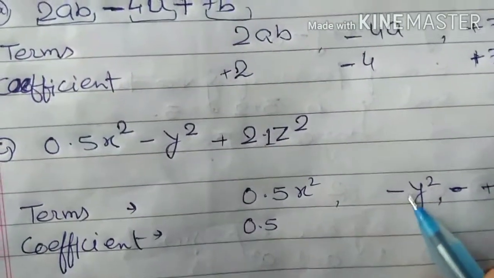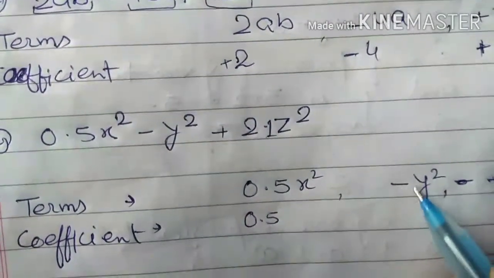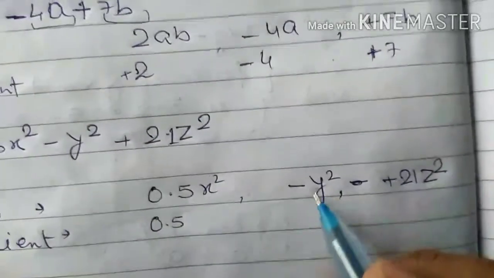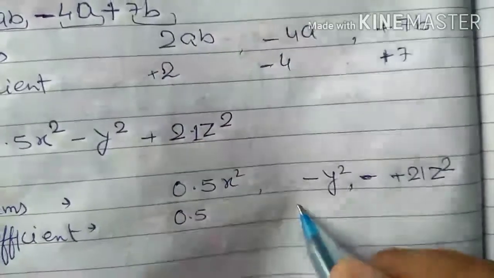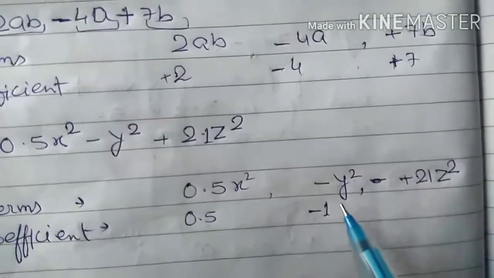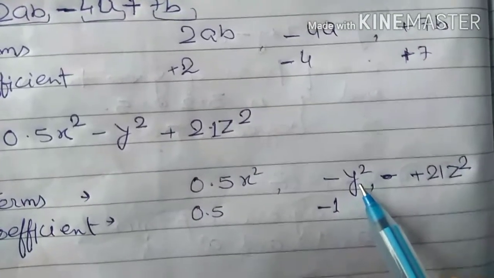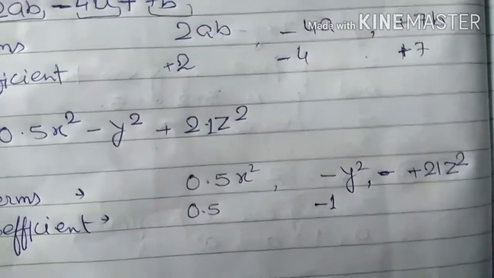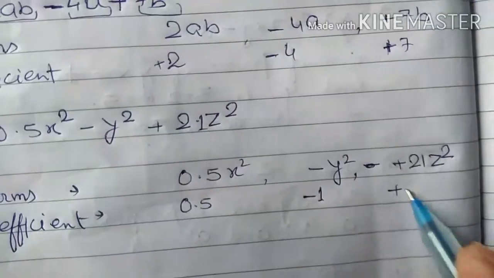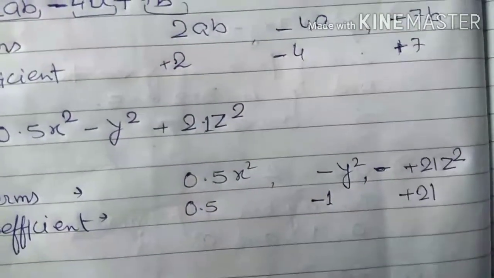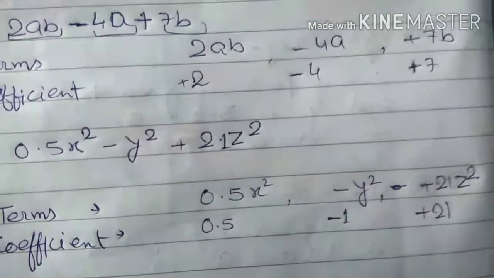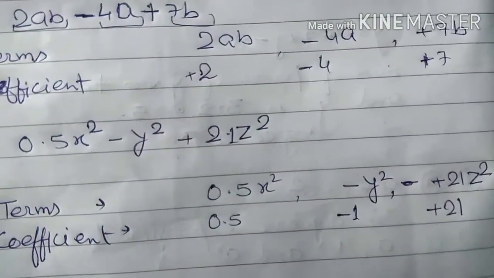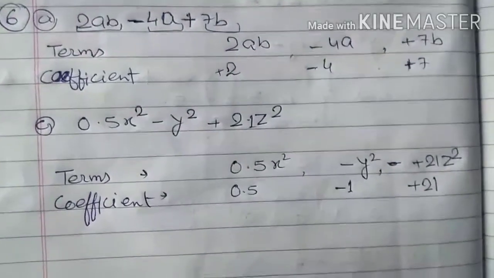Nothing is given here. Any numeric value is not given here. It means it is understood that by default it is 1. So this one is minus 1. So don't write 0. Nothing is given here. It means there is 1. 1 into y square is y square. Its value will not change. So next one is plus 21. So these are the coefficients. Okay. Try to solve the remaining questions of this exercise this way.